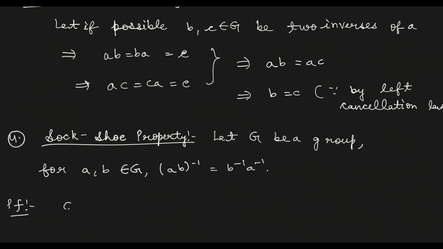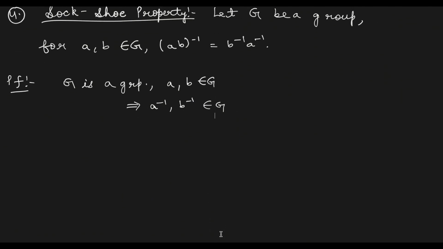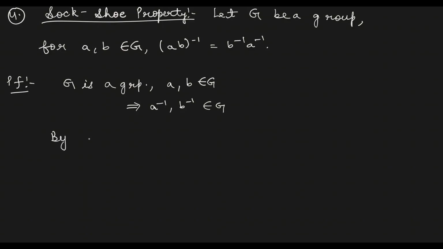Proof. G is a group, a, b belongs to G, so inverse will also exist. a inverse, b inverse belongs to G. Now by closure property, ab belongs to G.